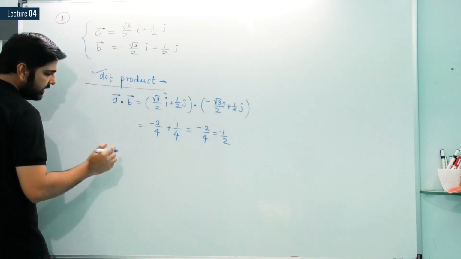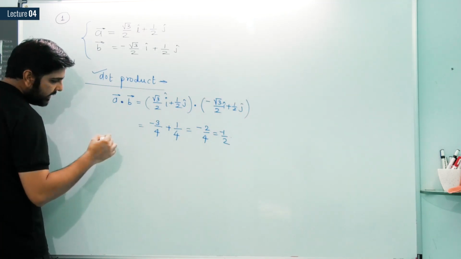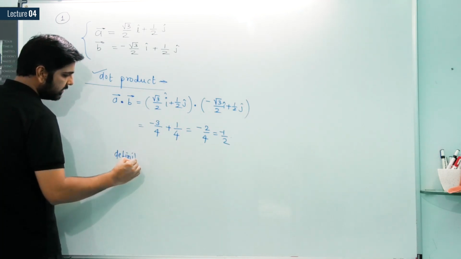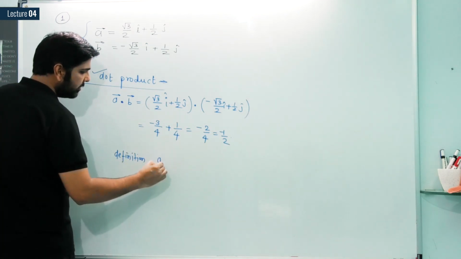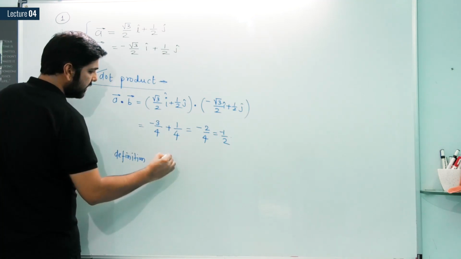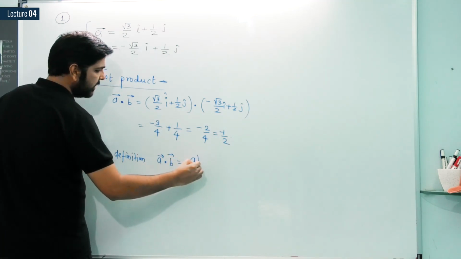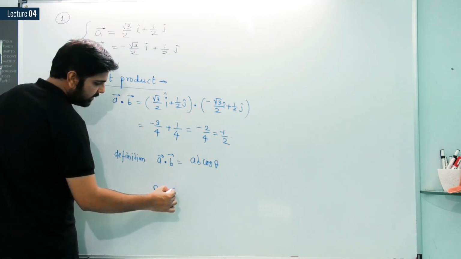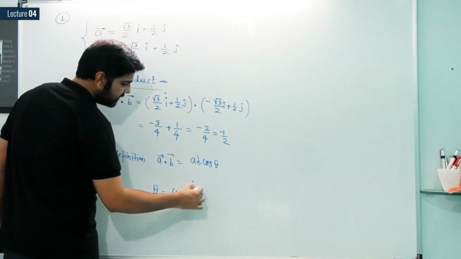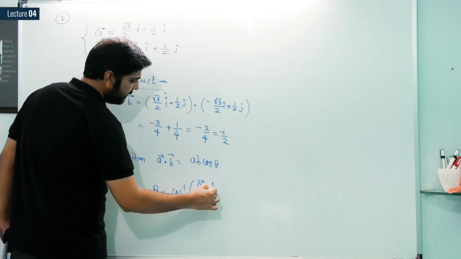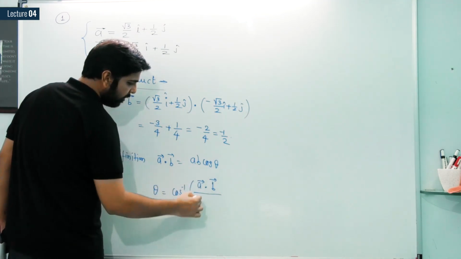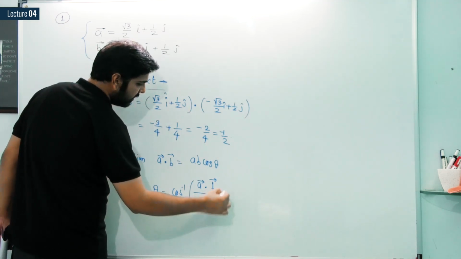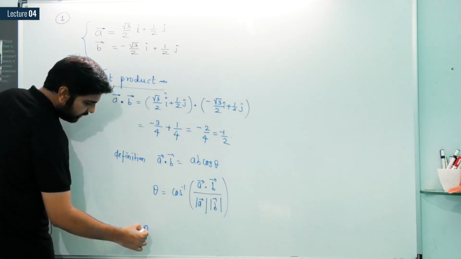Now my dear students, what is the definition of dot product? A dot B is equal to AB cos theta. Here we need to find theta. So theta is cos inverse of A dot B divided by mod of A and mod of B. You know how to evaluate the mod, right?